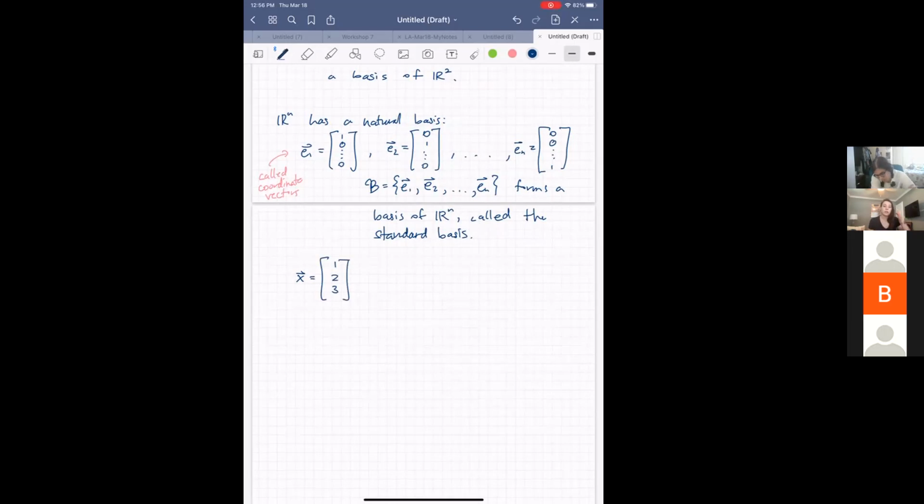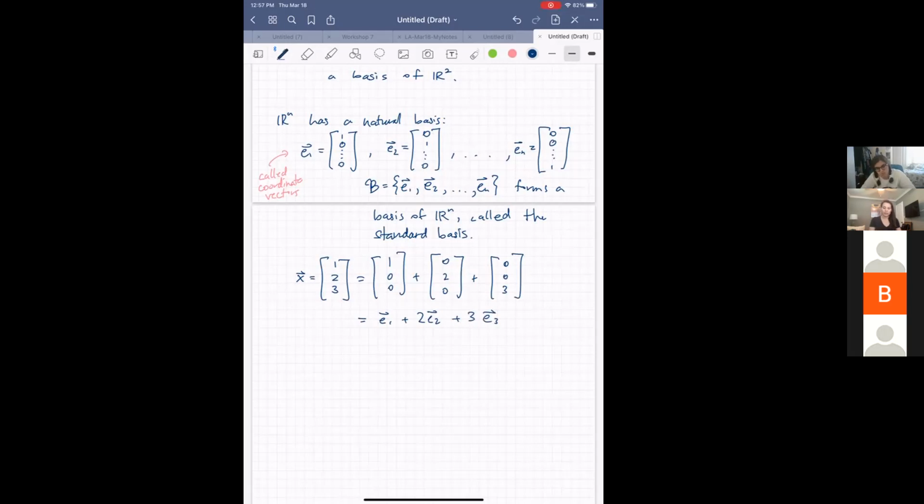And the reason why we call these coordinate vectors is that we can split this into 3 vectors, right? Where we just keep one of the coordinates in each vector. So I've split it this way. And then I can write this as E1 plus 2 times E2 plus 3 times E3, right?